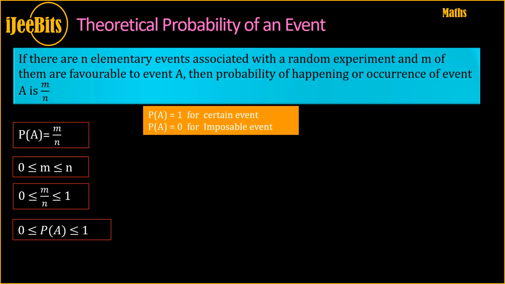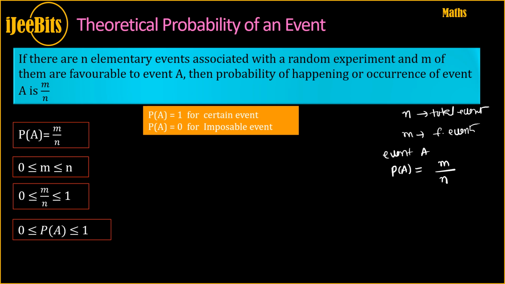So in your experiment, n is the total events, and m is your favorable events. If you call the event A, then the probability of A by definition is your favorable events by total possible events. P of A is equal to m by n.